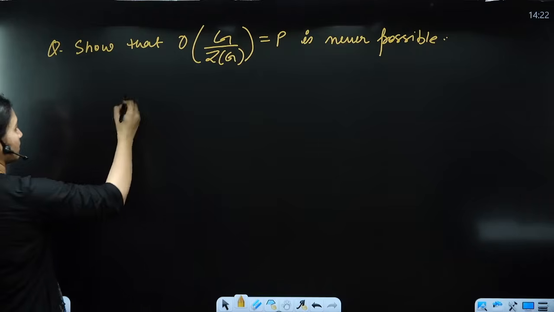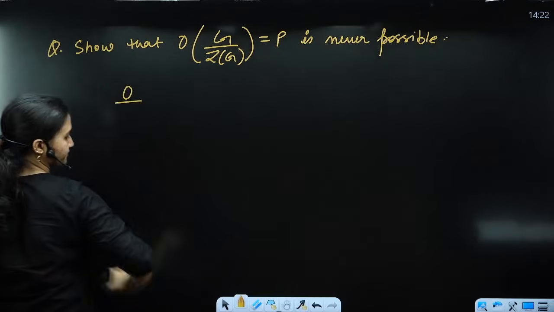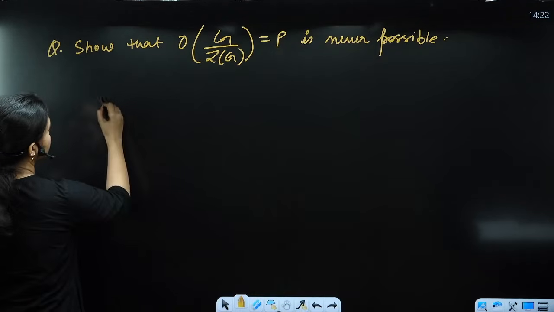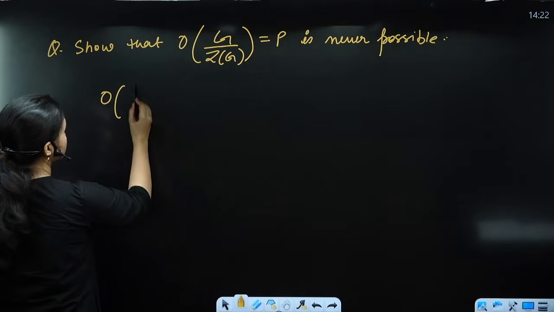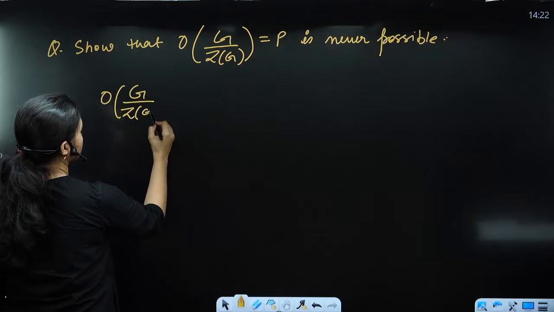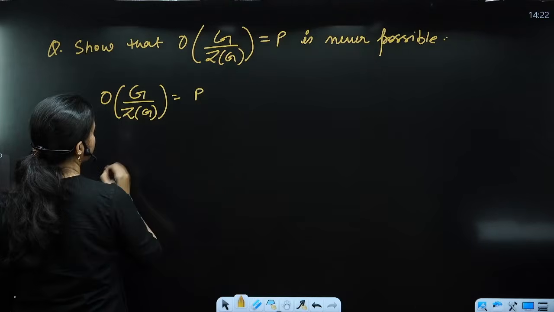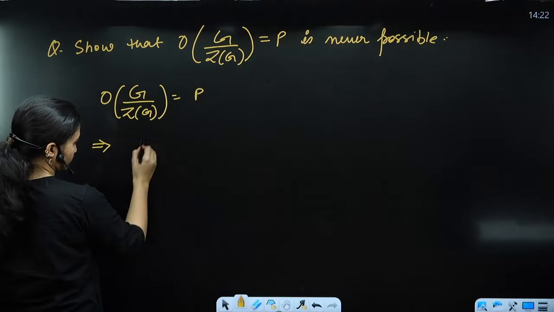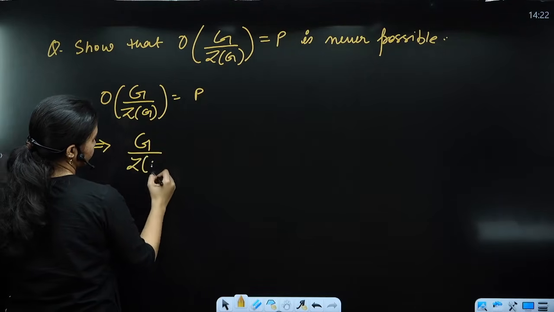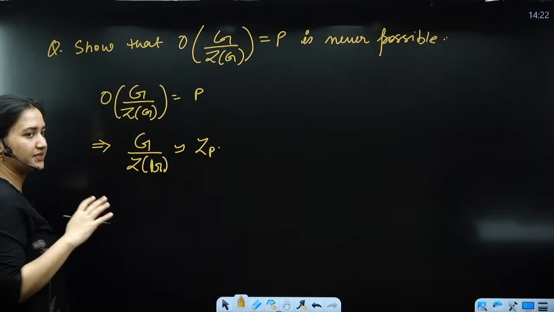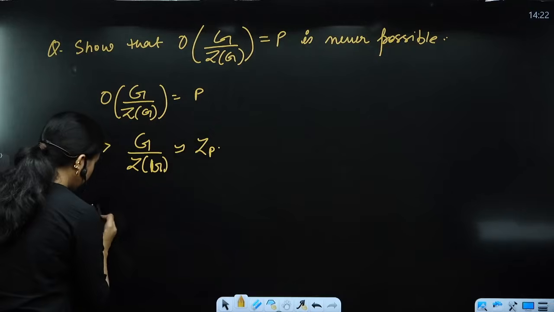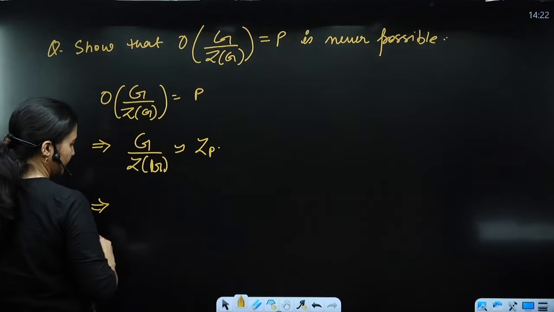See, the order of G by ZG is given to us as P, right? So this implies that G by ZG is isomorphic to ZP, since P is a prime number, right? So this implies that G is abelian.